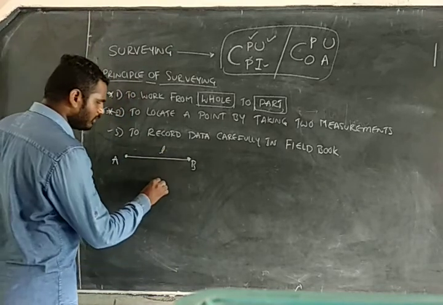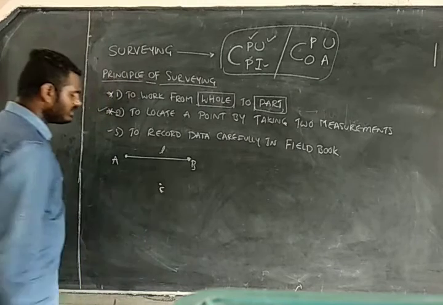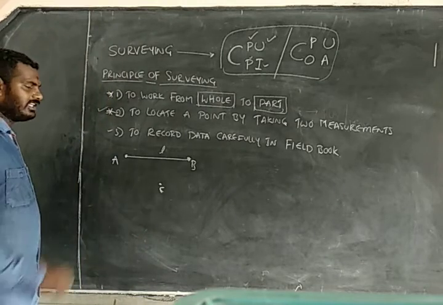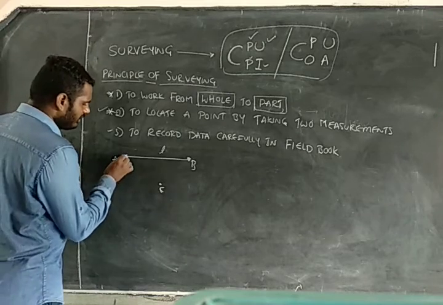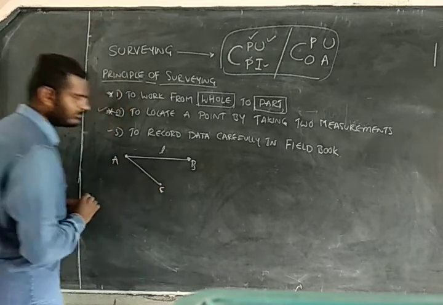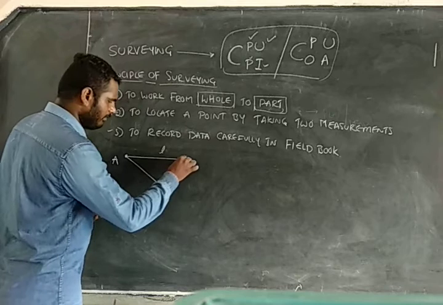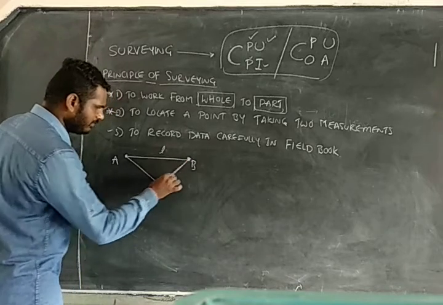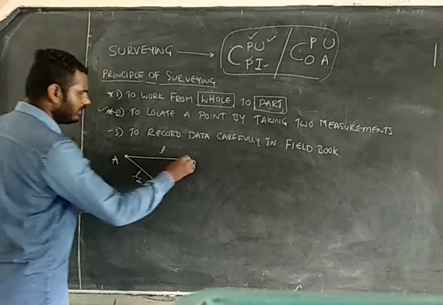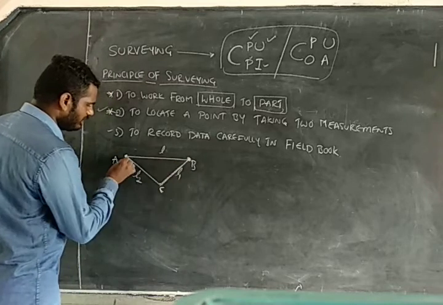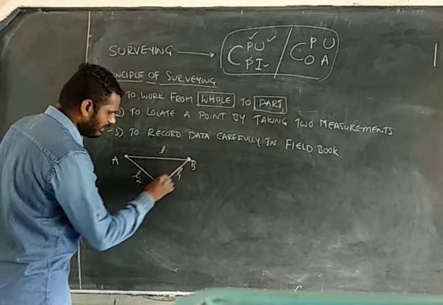You want to locate a point C. This C can be found by taking two measurements. The first is by measuring A to C and by measuring B to C. By taking two measurements, some L1 and some L2, from point A and from point B, you can locate where these two lines are mutually connected together.